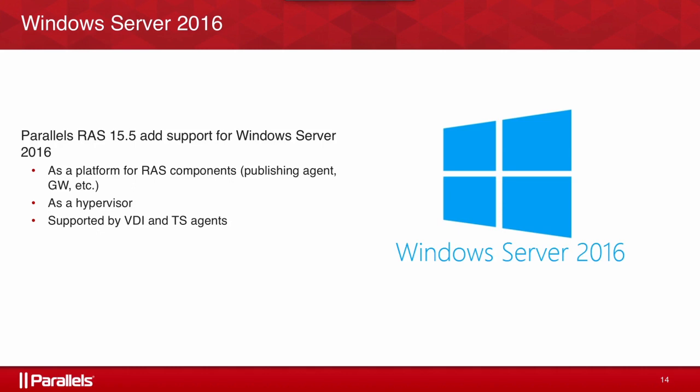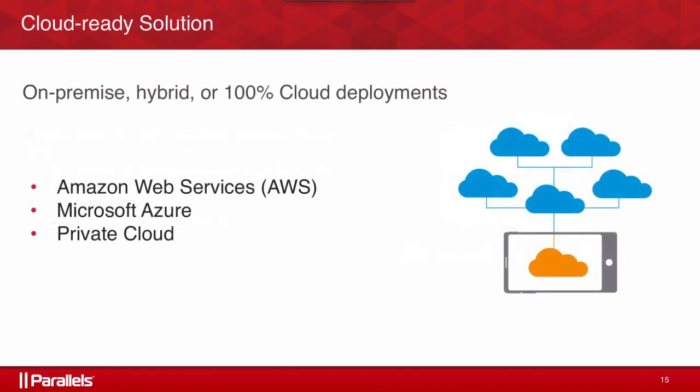Therefore, the entire remote application server suite is compliant with Windows Server 2016. And on the deployment side, just to remember, you can do on-prem, hybrid, or 100% cloud deployment, and that it's already tested. And we already have customers now using a combination of those technologies, or even a single one.